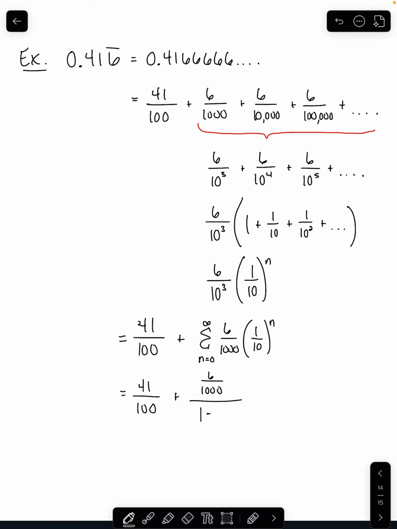And the denominator, I'm going to have 1 minus 1/10. Of course, 1 minus 1/10 is 9/10. And this is not too hard to work with.